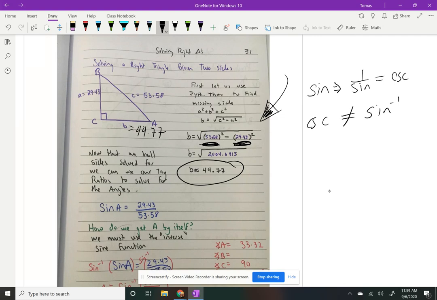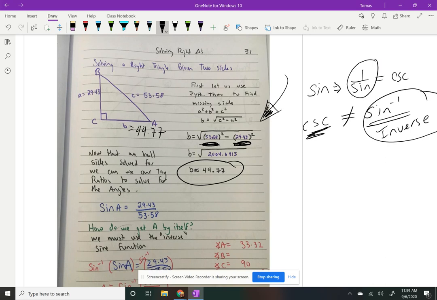Remember that I was saying that this is the inverse. This is something totally different. We were talking about trig ratios, I think it was 5.2 or 5.3, and we're using cosecant, which is pretty much 1 over sine, where we just kind of flip the ratios.